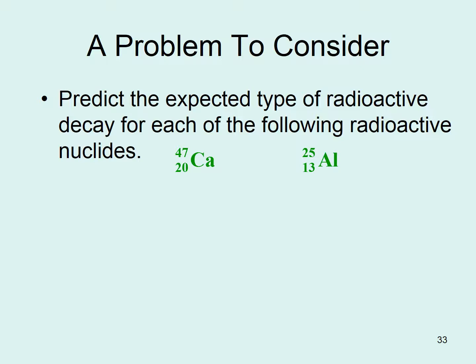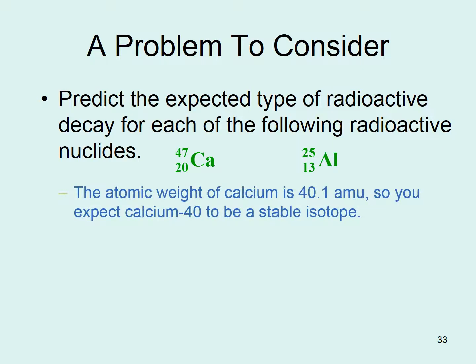So let's look at calcium-47. If you look on the periodic table, the atomic weight of calcium is 40.1. What that means is that the average stable calcium is 40. Now they're not all 40, but remember that we said the number on the periodic table is closest to the most stable nuclide, or the most abundant.